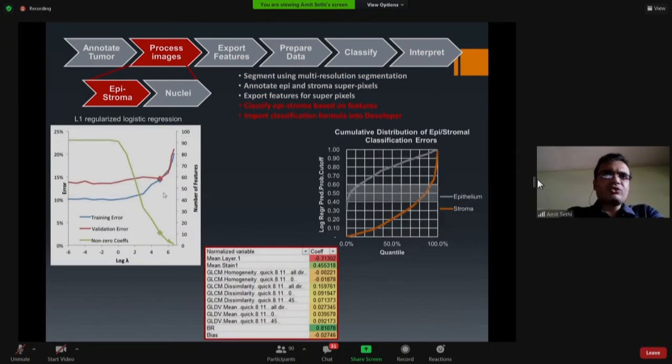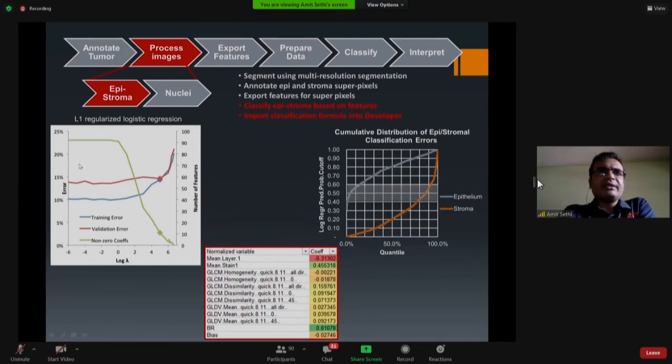All right. So part of this epistroma classifier was that we actually had too many features that the software could extract from the image and its segments. So we needed to fit something called a regularized model, an L1 regularized or lasso regularized model, to eliminate a lot of these features that are not used.